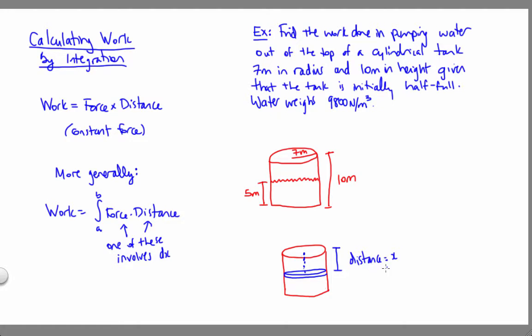That distance is going to be varying as we are pumping water out of the tank. Now in a moment we're going to need to think about the dimensions of this disk. We know the radius of the disk, but we'll also need to think about that tiny little height of the disk. That height is going to be dx, because we're calling this vertical dimension x. So a very thin slice across that dimension will have height dx.